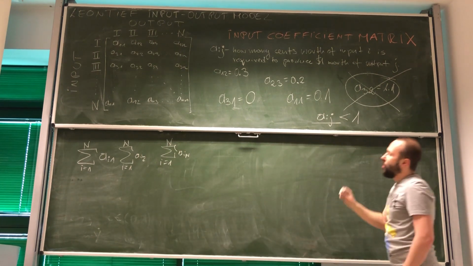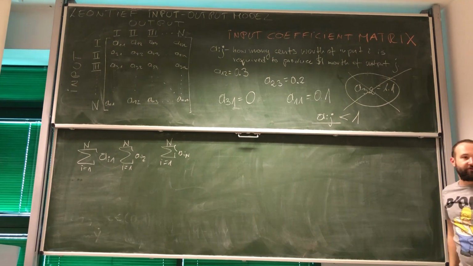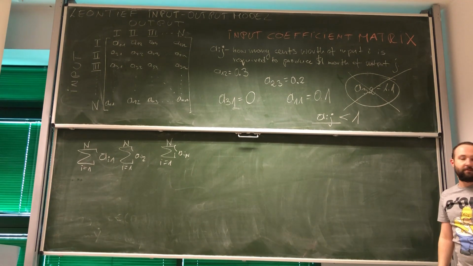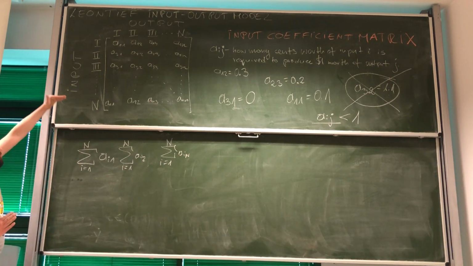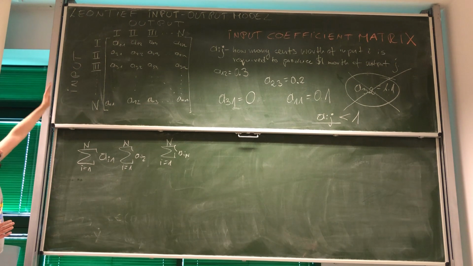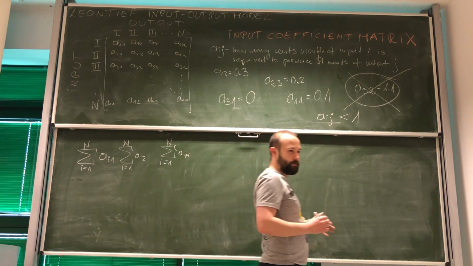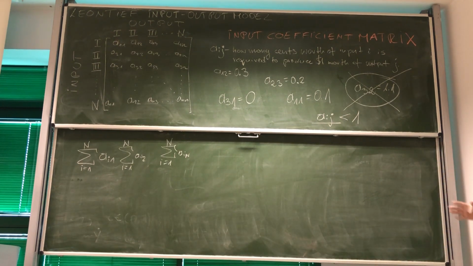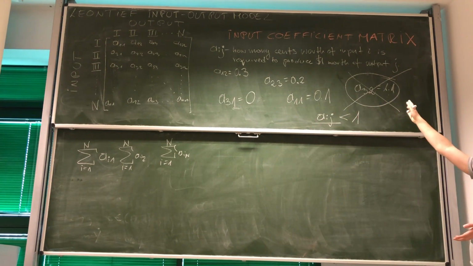Okay, so now let's think about what each of these columns is telling us. In each of these columns, we've got those coefficients. If we sum them up, what we get is how much of each of these inputs we need to use to produce $1 worth of good 1, 2, 3 until n in total.